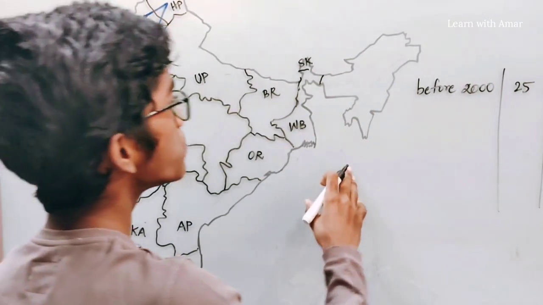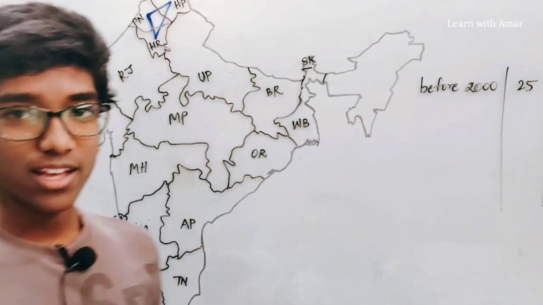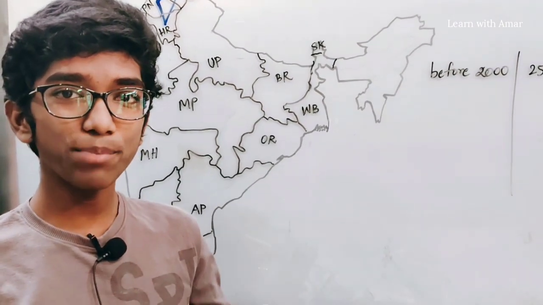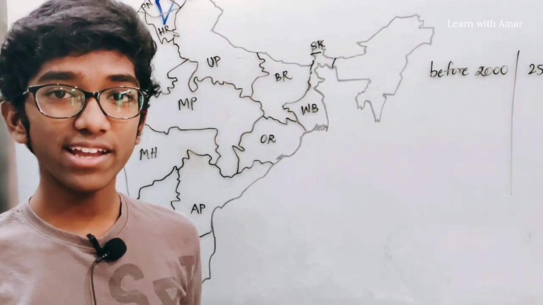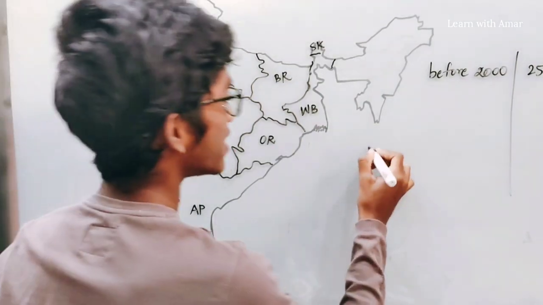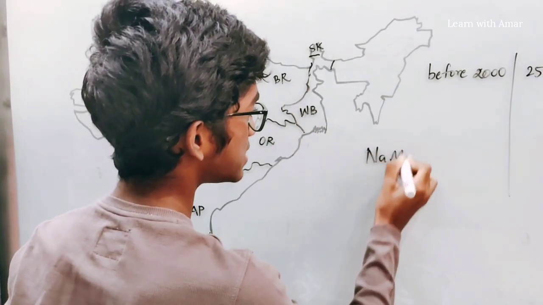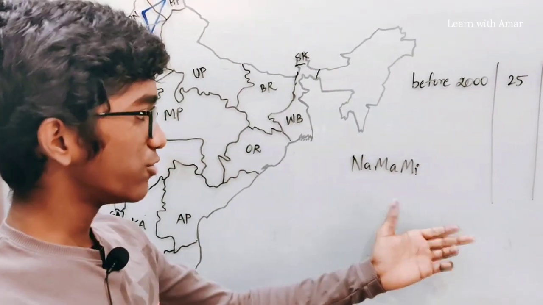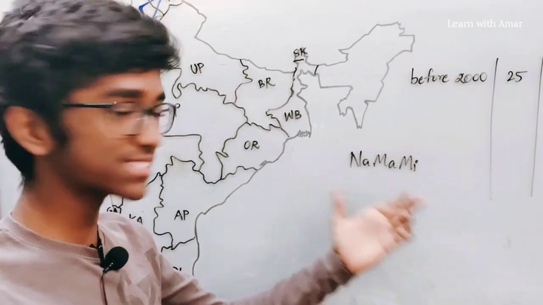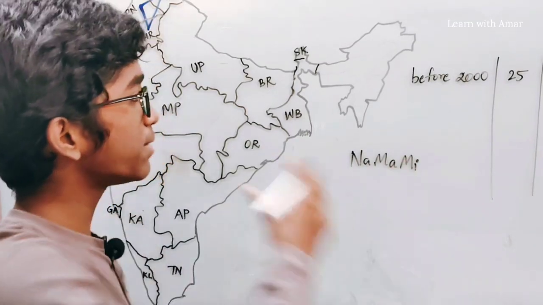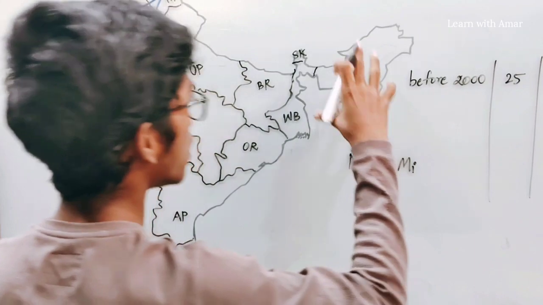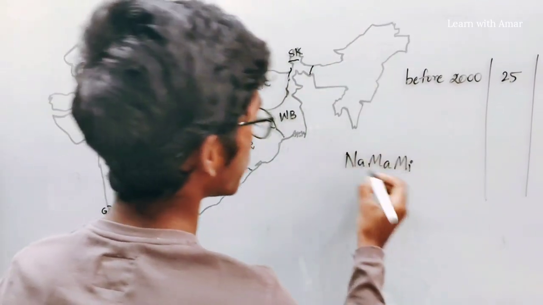Now let me ask you a question. How do you greet people? You say namaste. Now how can you greet people in Sanskrit? You say namami. Namami is the Sanskrit word for namaste. We use this Sanskrit word to remember 3 states from this northeast frontier territory.